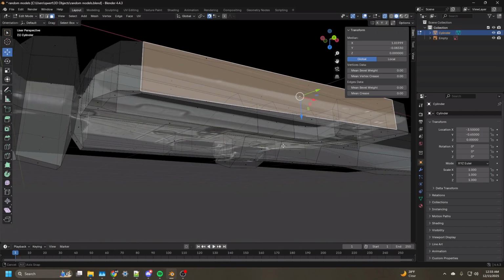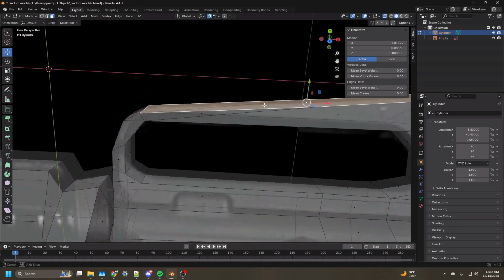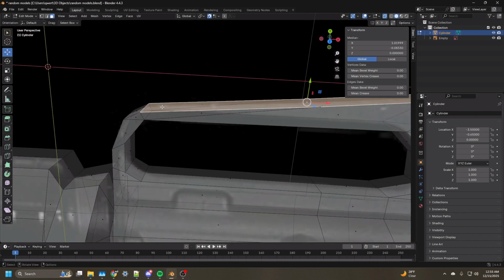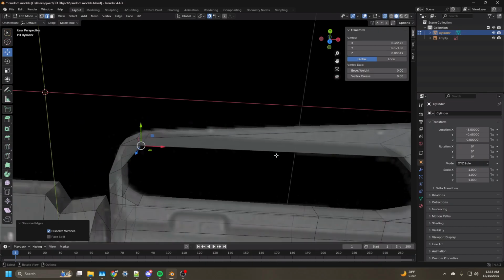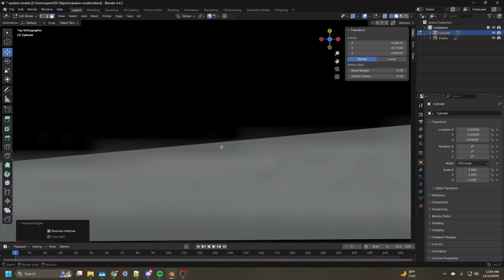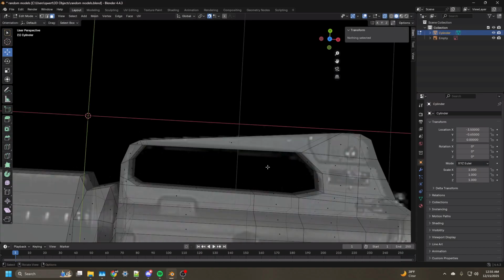That's one face right there, and that's all that needs to be. And then somehow it's divided there? Nah, it doesn't need to be that. Delete, dissolve edges. Why are these dots not matching up? What's up with that? It really is like an upper piece that just bent down.